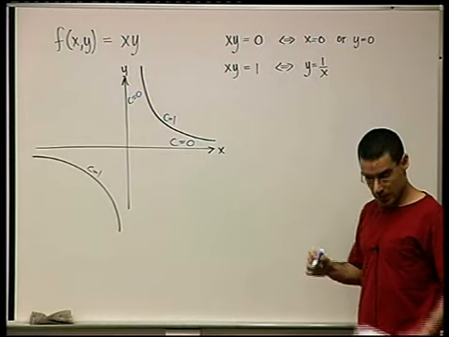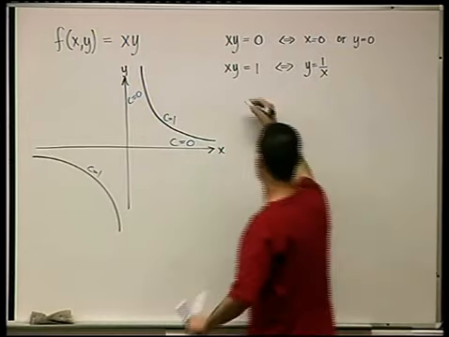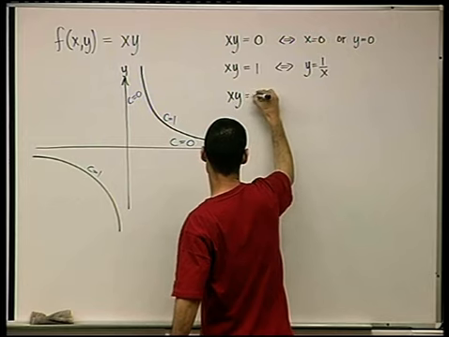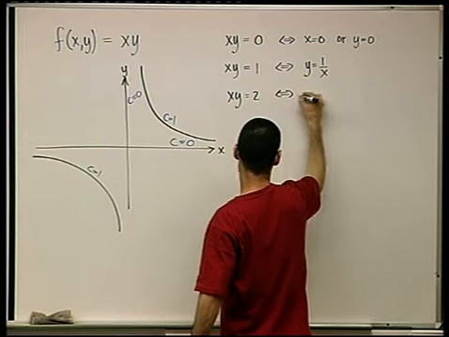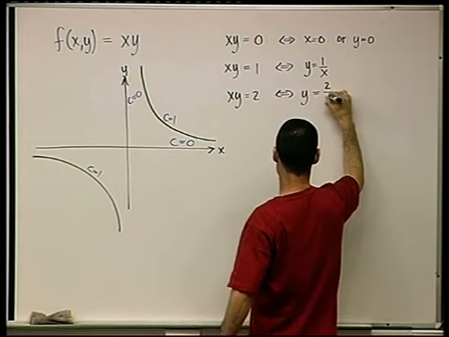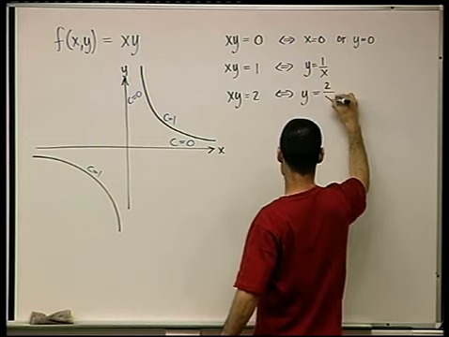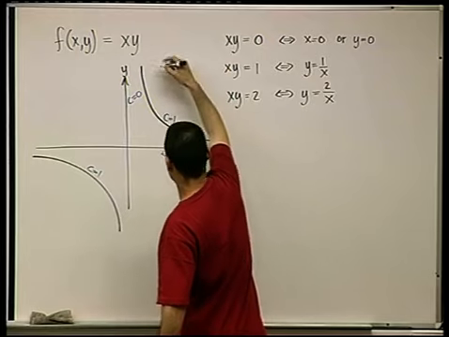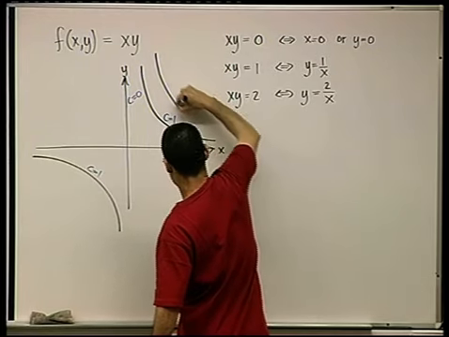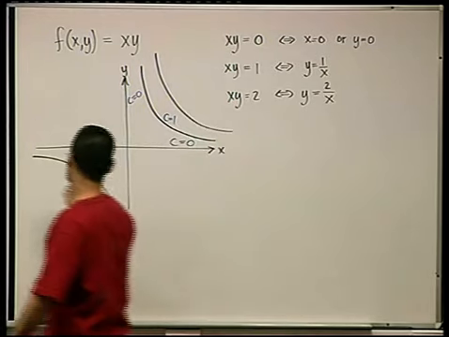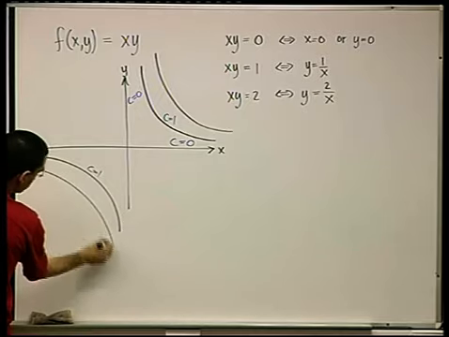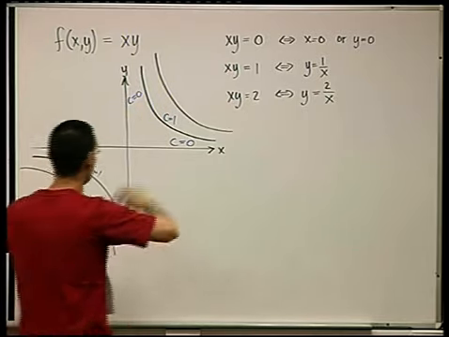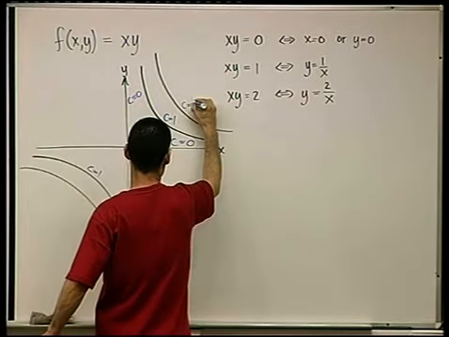Clear? And we can continue this. When is xy equal to 2? If and only if y equals 2 over x. Y equals 2 over x is again a hyperbola looking like this, but somewhat further from the origin. So these two curves correspond to c equals 2.